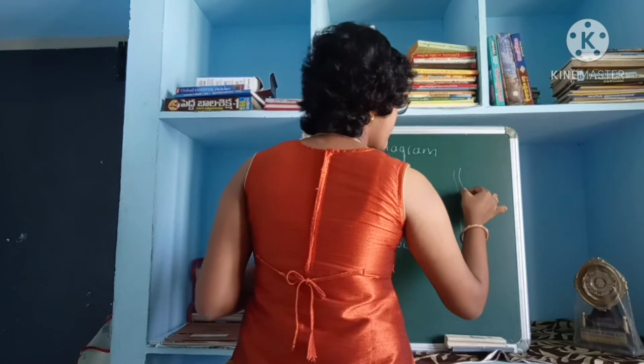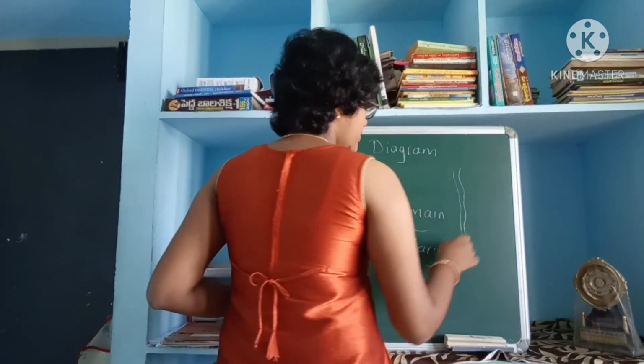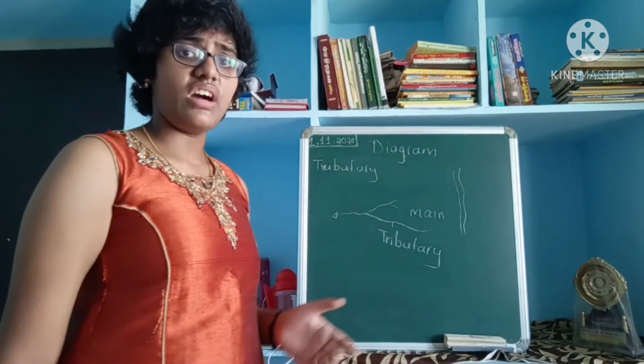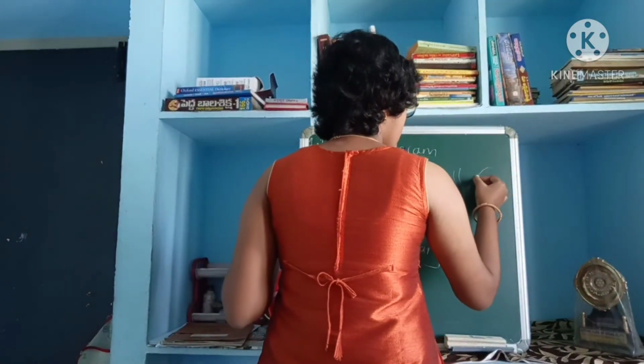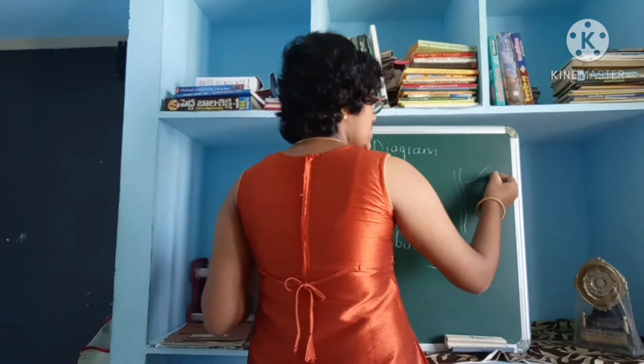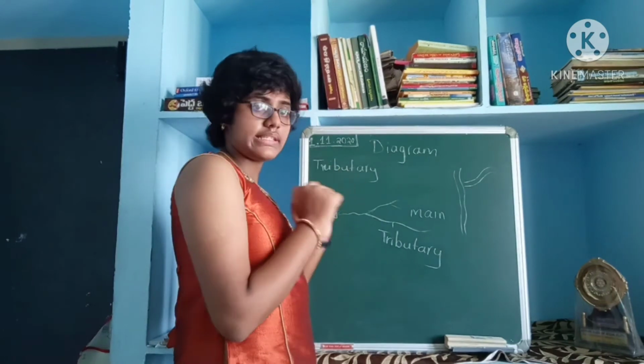The river is flowing in its way. From somewhere, another small river has come. This was the place where the two rivers get mixed.